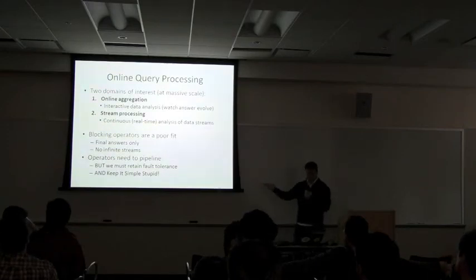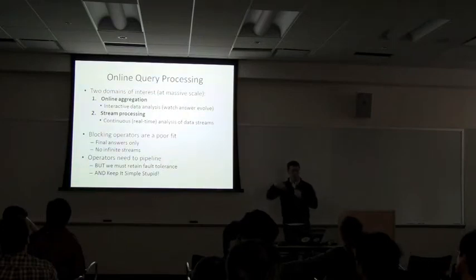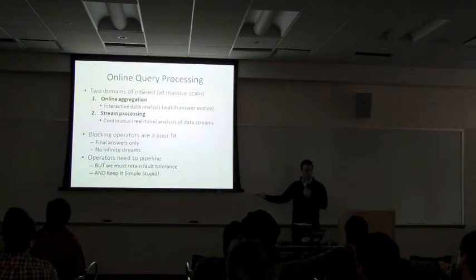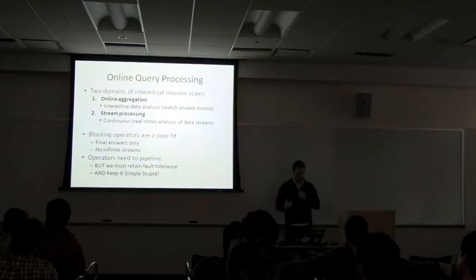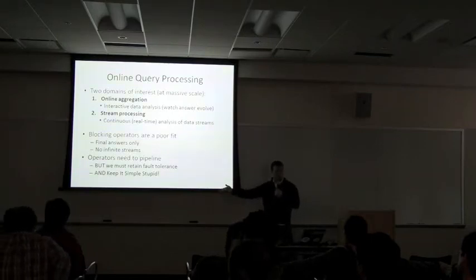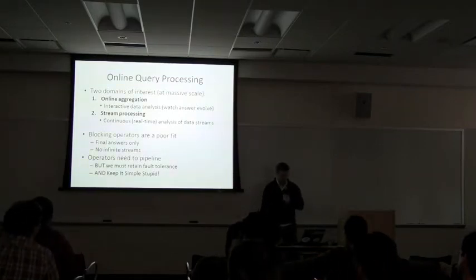And like I said before, blocking operators are a poor fit because they only give you final answers, which by definition means you can't apply these things to infinite streams. So operators need to pipeline, but we must retain the fault tolerance model, not only for correctness, but we have to keep it simple because failures are very common.